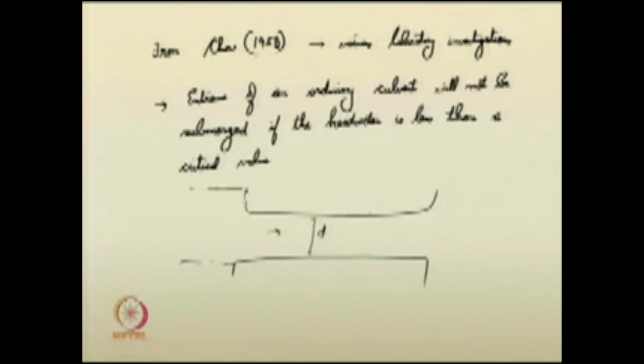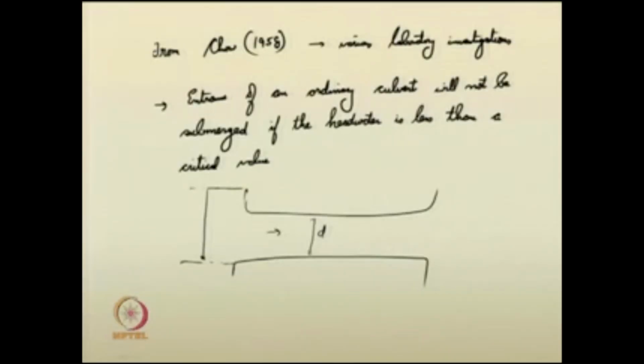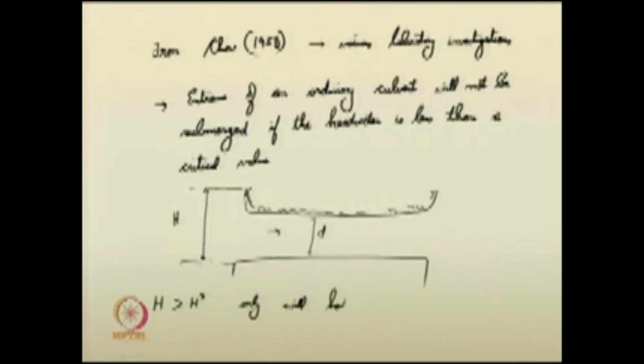It requires another mandatory condition: the height of water must be above a certain critical value, then only the flow in the culvert will be fully filled. So, the condition H greater than H star only will help full flow conditions.